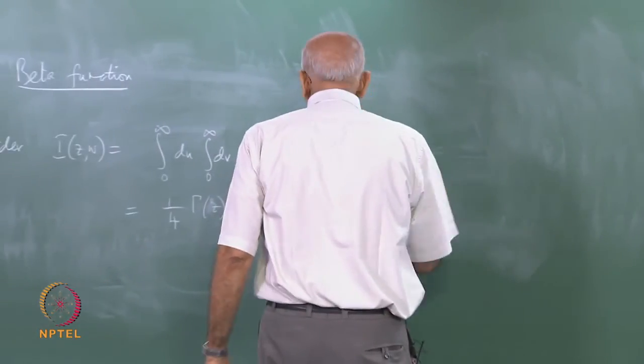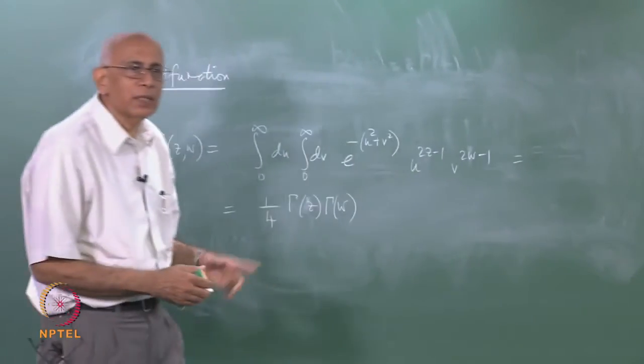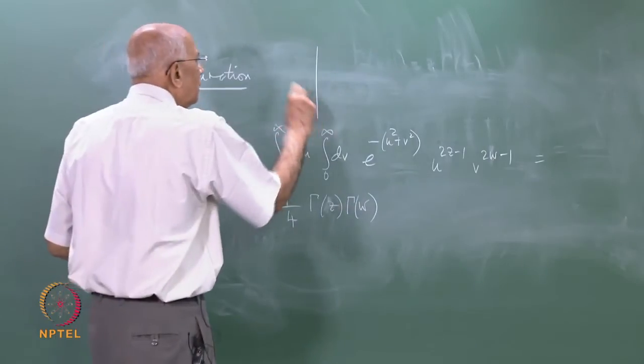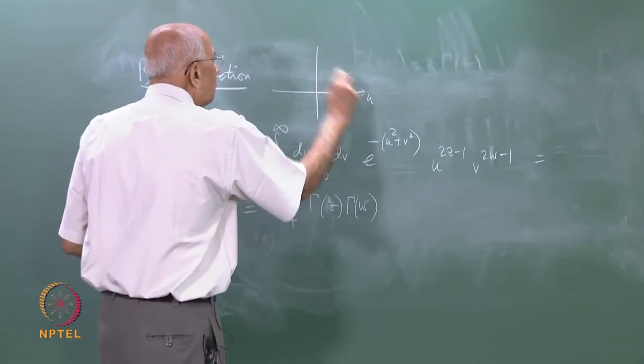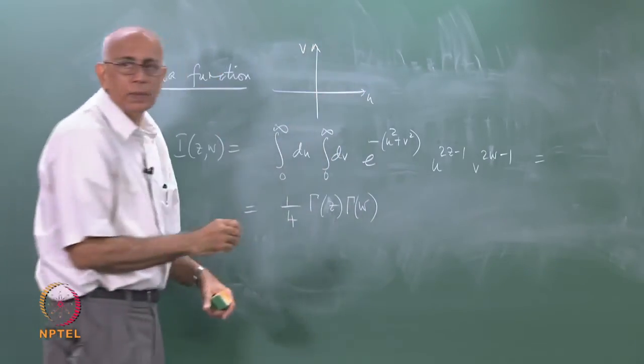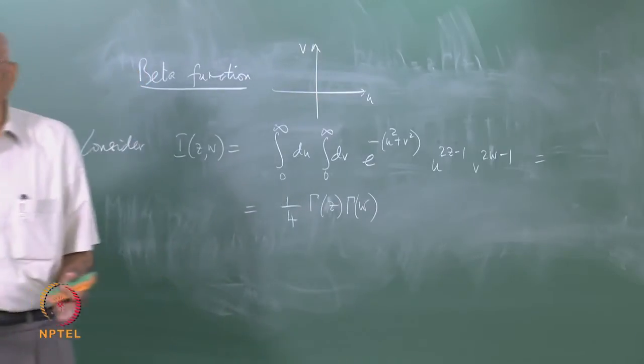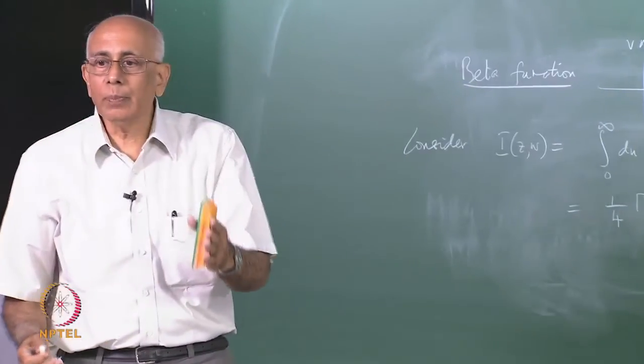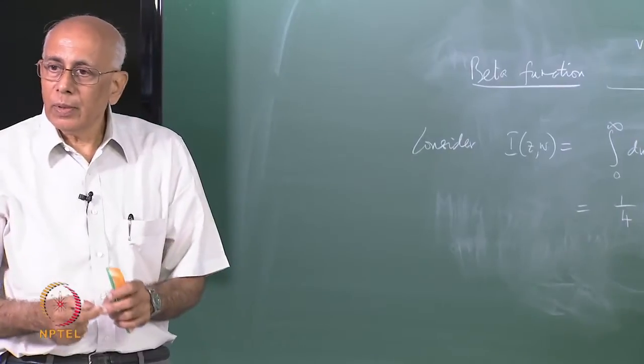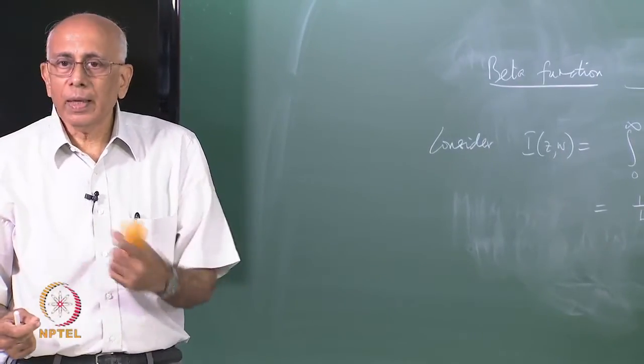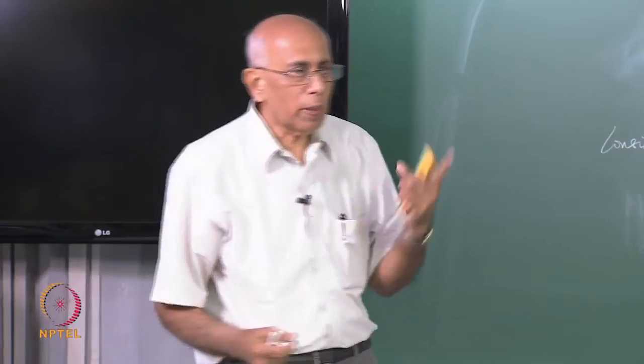By the way, what is the region of integration in the uv plane? Zero to infinity, yeah, the first quadrant. So when I go to plane polar coordinates, little r will run from 0 to infinity, but theta will run from 0 to pi over 2.